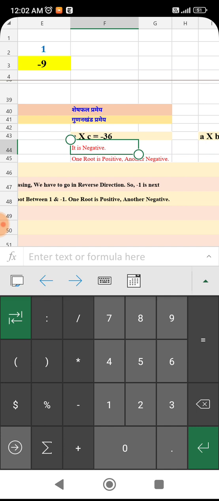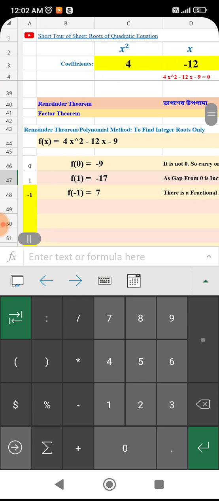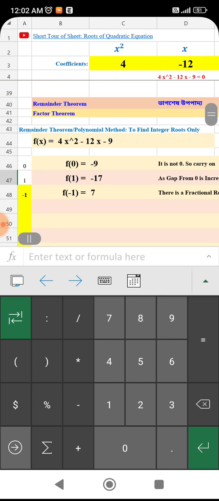If it is negative, what is the conclusion? One root is positive, another root is negative. We have already received a negative root, so there exists another root which is positive.